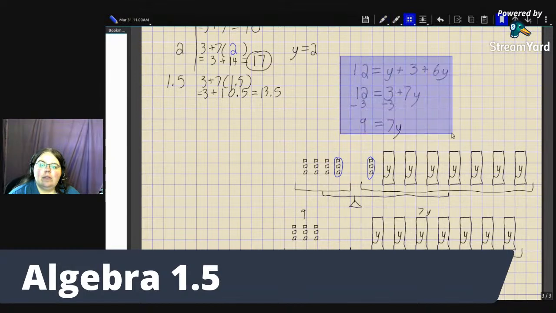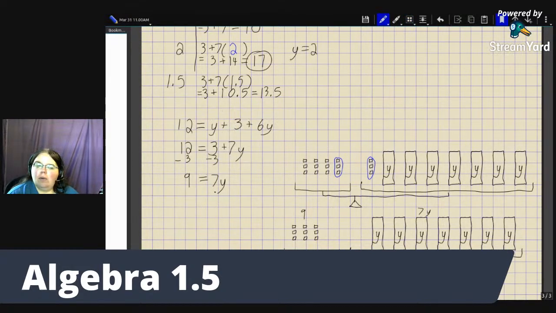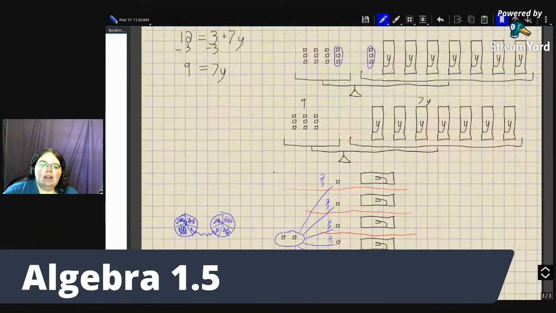And I could use a little more space, so I'm going to move this over here. Okay, so then what happened? Well, then we divided each side into 7 groups. Why 7? Because we had 7 y's. And so that tells us that 9/7 is the value of y.